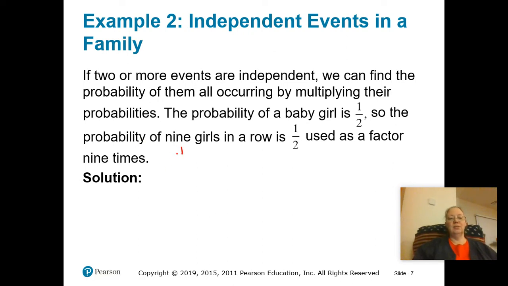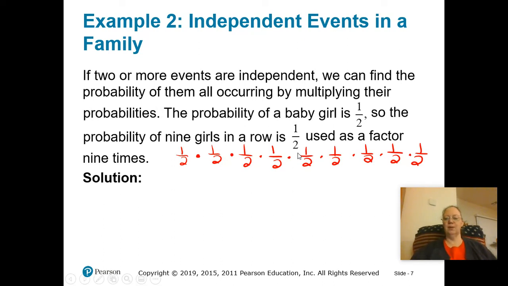So we need girl and girl and girl, and I gotta stop talking so I can count. 4, 5, 6, 7, 8, and 9 baby girls in the same family.